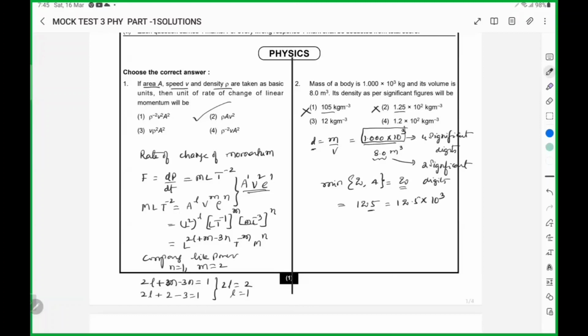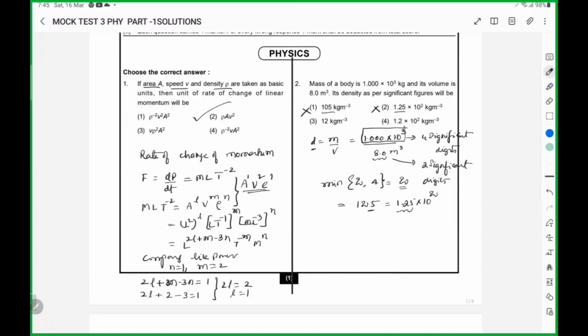We want 2 significant digits. So 12.5 into 10, I'll write it as 1.25 into 10 square. Still it has 3 significant digits. We should round it off so that it has finally 2 significant digits.